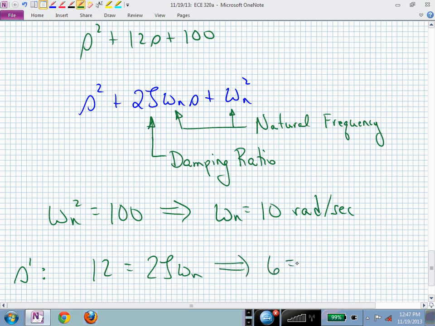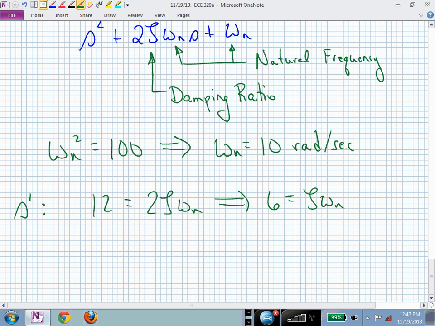But that's just 6 equals zeta omega sub n, and we've just found what omega sub n is. So our damping ratio, which is going to be between 0 and 1, will be 6 divided by omega sub n, which is a value of 0.6 in this particular problem.